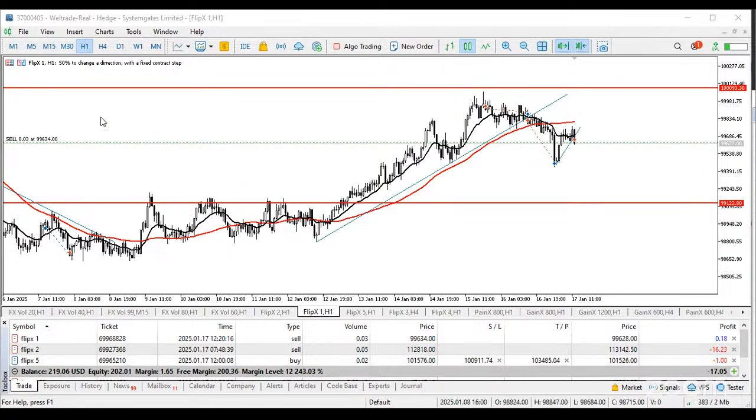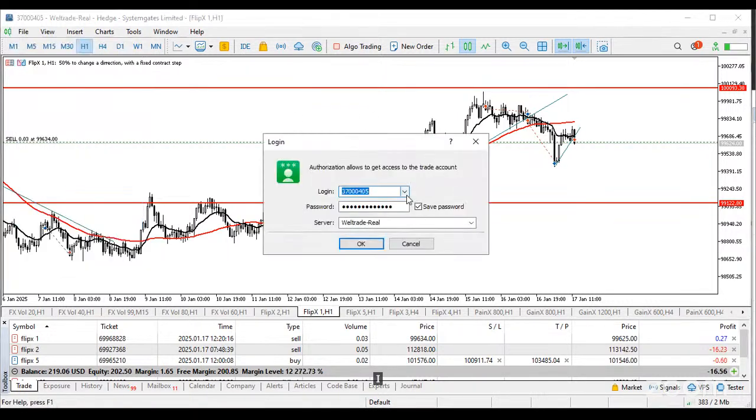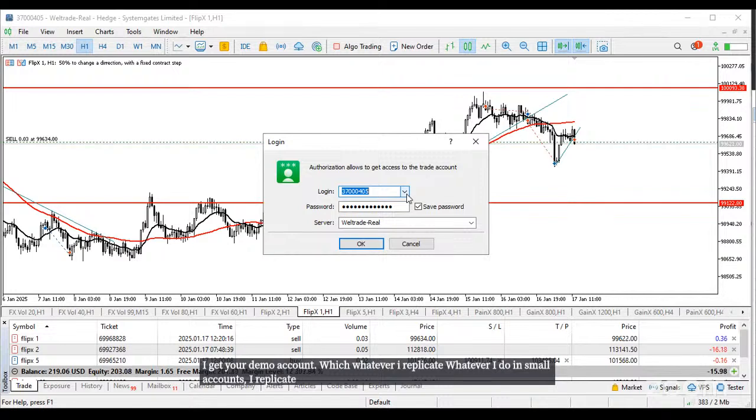Around December, I created a demo account, where whatever I do in small accounts, I replicate in the demo account, but with higher lot size. Let me show you what I've grown that demo account to.